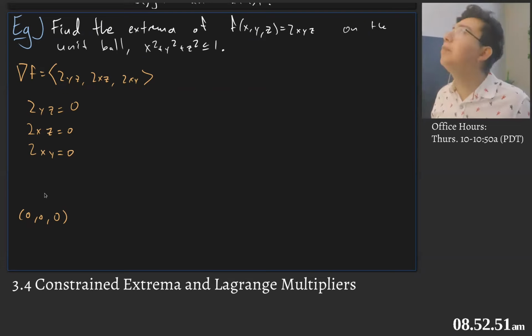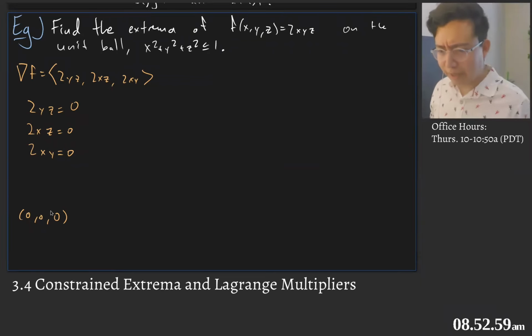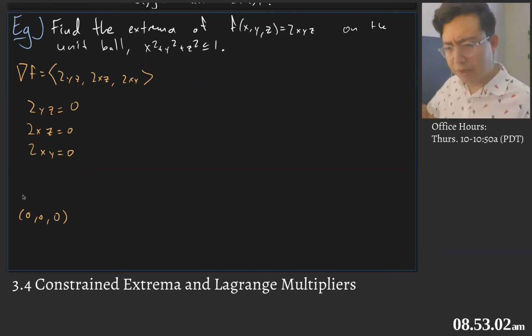But I think something weird happens when you let other things not equal 0. But I think for the sake of this problem, we can focus on just this one solution, and we'll write that as our list of candidates. Start that list here.